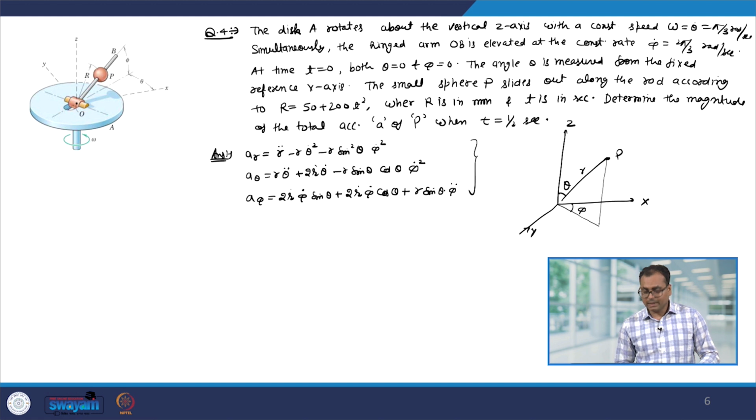Note that when we derived this expression, we said that the angle phi is the angle that the projection of r makes with the x axis. However, in this question that angle is given as theta. Therefore, we have to make the transformation.